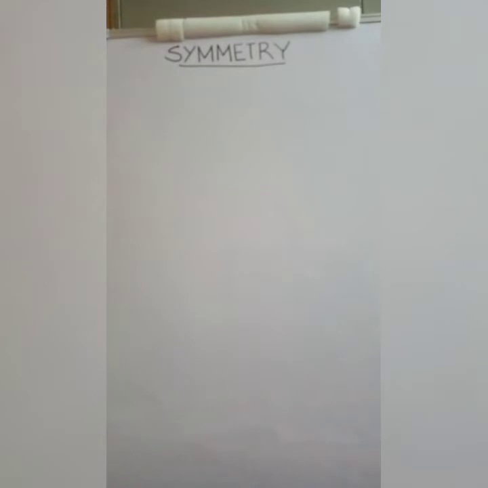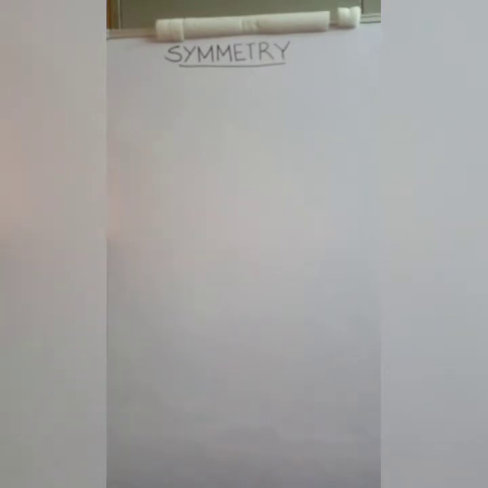They coincide, overlap. These objects are symmetrical. These folds or lines on which the object is folded are called the line of symmetry.